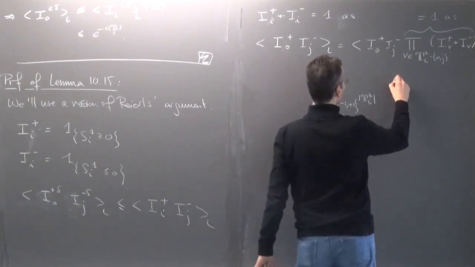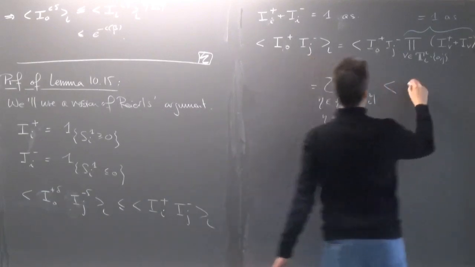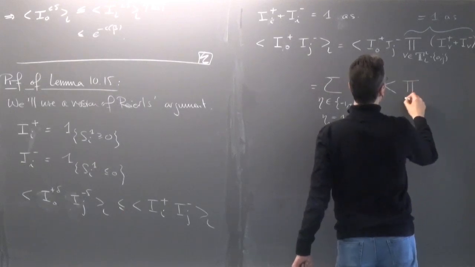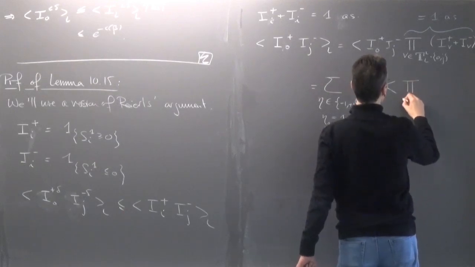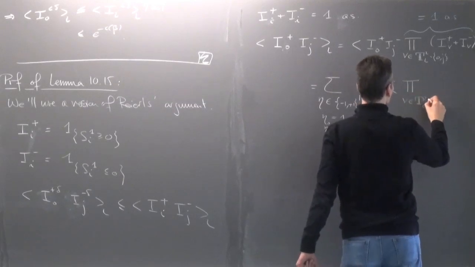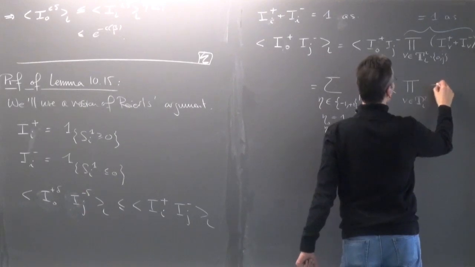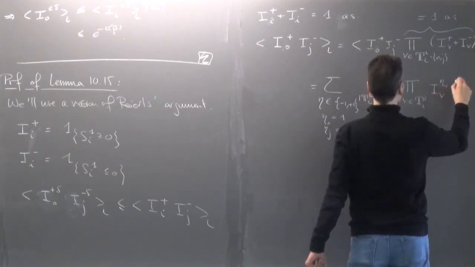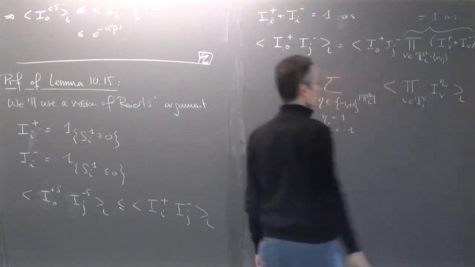Okay, and then what do I get? I get the expected value of the product over all V in the lattice, T2 L, of I V eta V. Right?